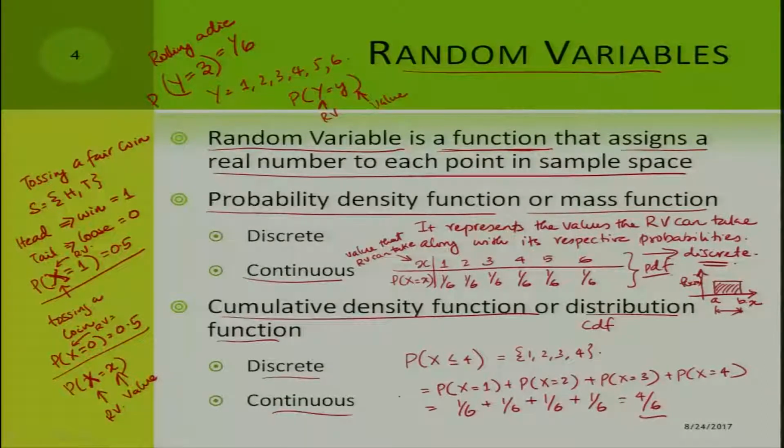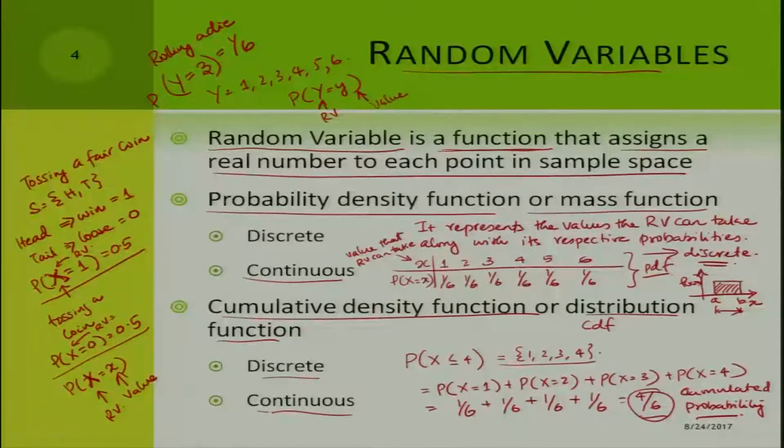This is the cumulated probability of any of the faces less than or equal to 4 happening. This is a discrete case. That is the CDF, cumulative density function.